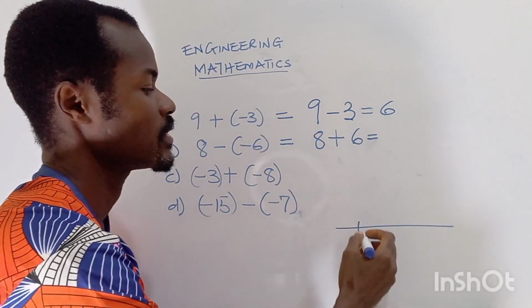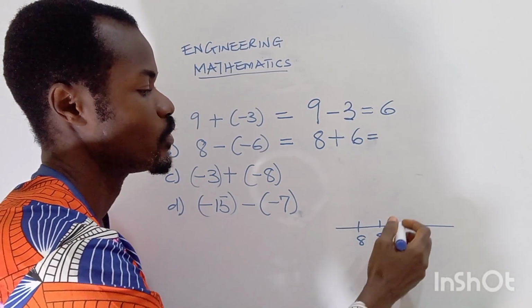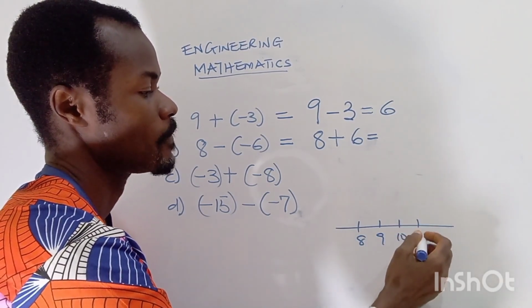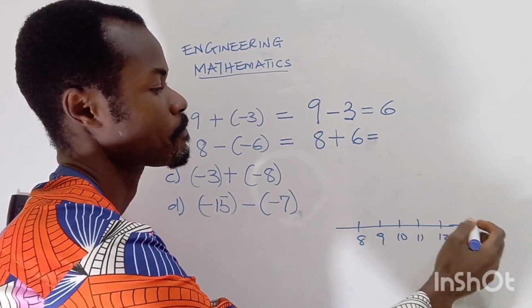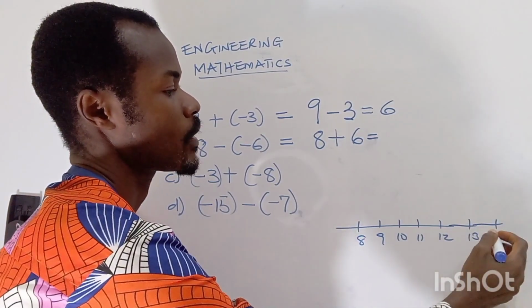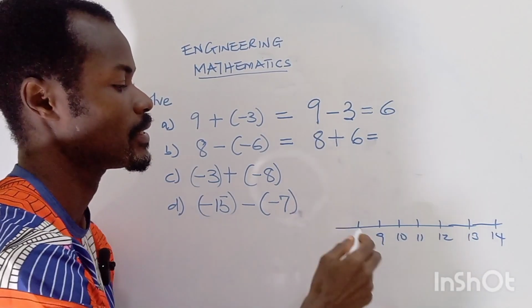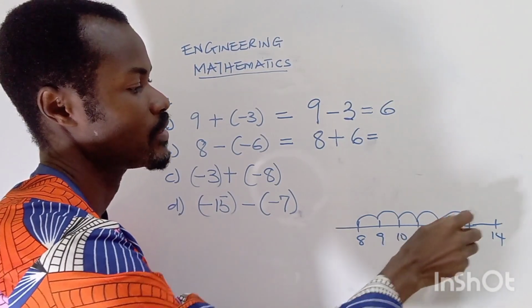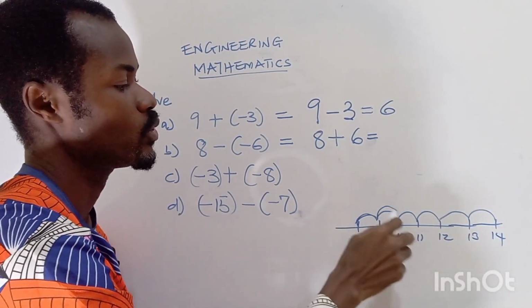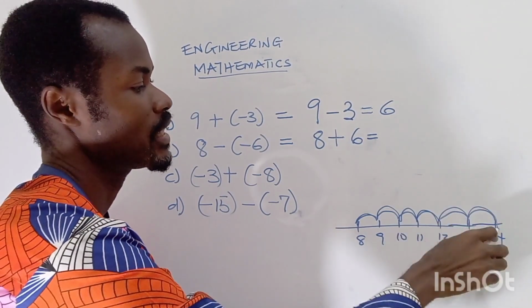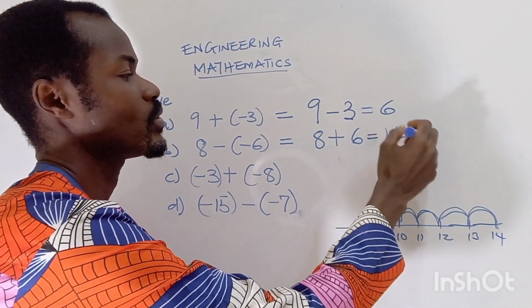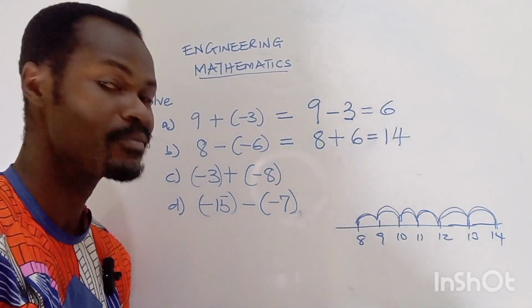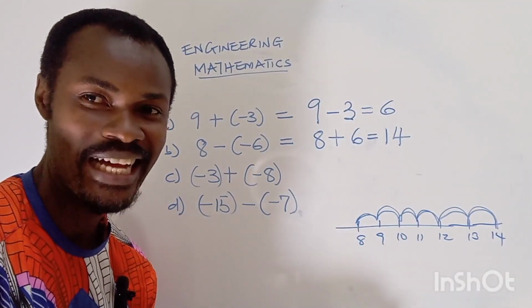We have 8, so we are going to move 6 places. So let's see what it gives us. 8, 9, 10, 11, 12, 13, 14. So 1, 2, 3, 4, 5, 6 places. So our answer to this is 14.